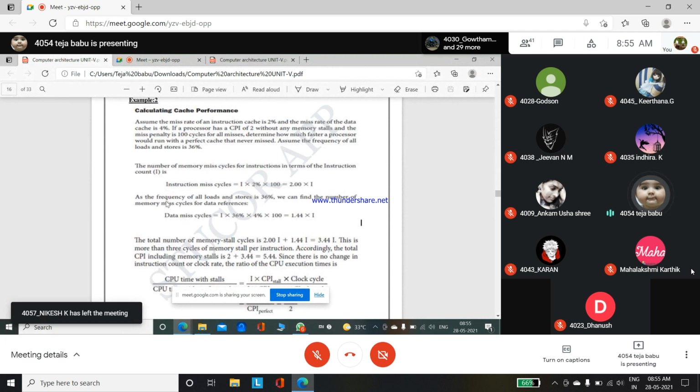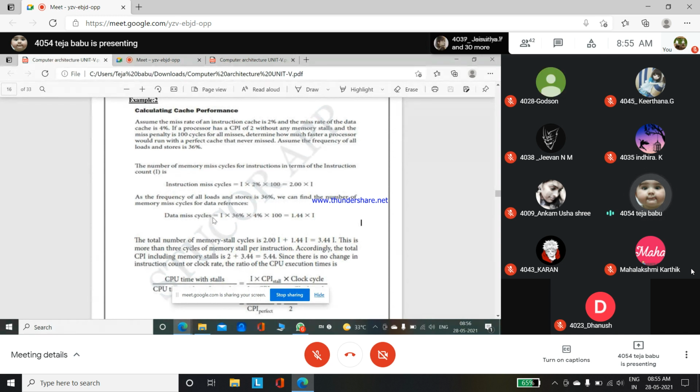As the frequency of all loads and stores is 36%, as given in the data, we can find the number of memory miss cycles for data references. So we have to find the data miss cycles.